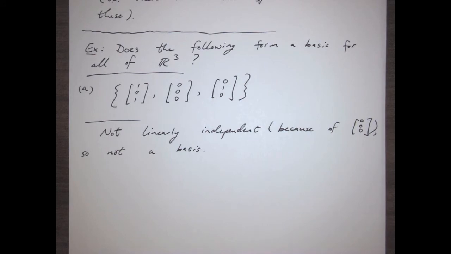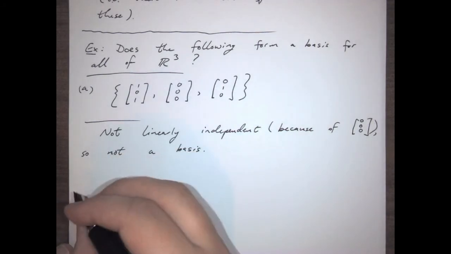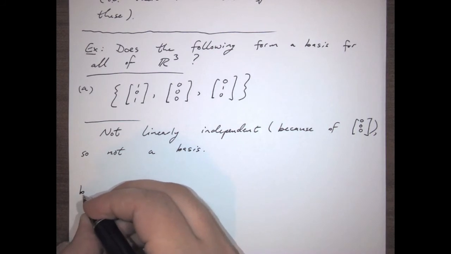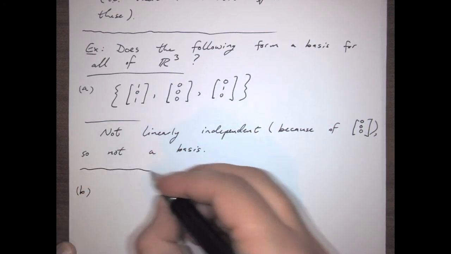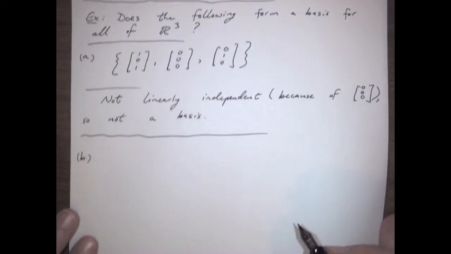So to be linearly independent and yet span the whole space, that's what it takes to be a basis. This does not accomplish that. Alright, so now how about this set?